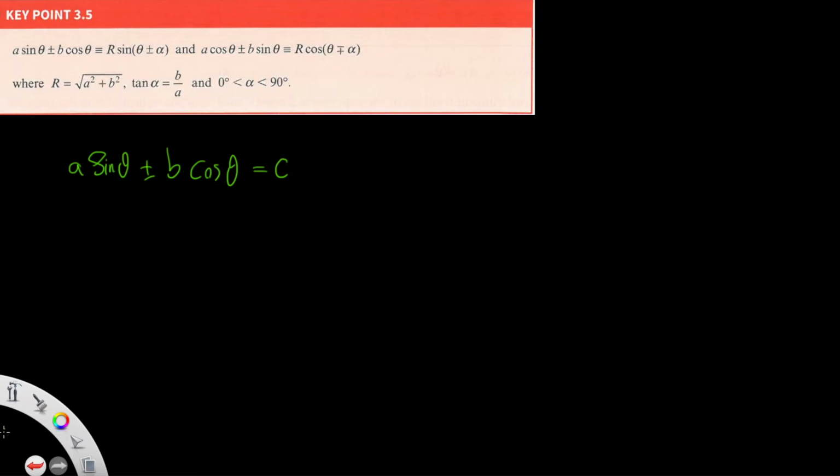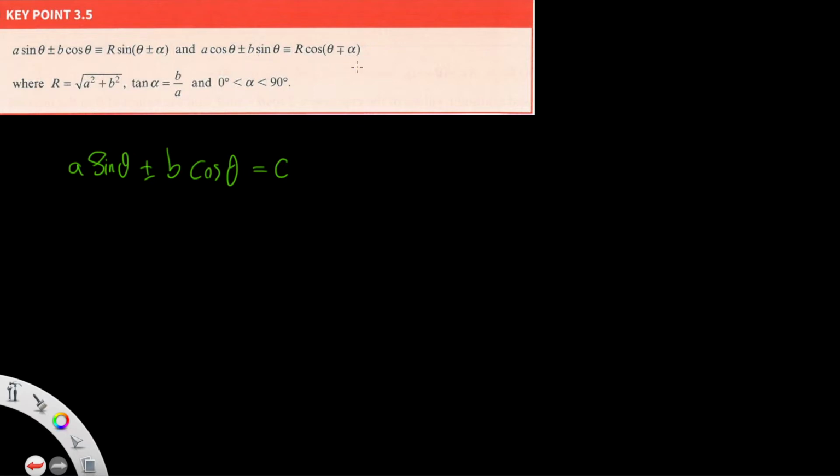There is no need to memorize this formula for those students who are studying in the Cambridge system, as in Cambridge questions they will give you the form that you are going to use in order to replace such expressions. So using the compound angle formula, expanding them and comparing coefficients, you can easily find r and alpha.